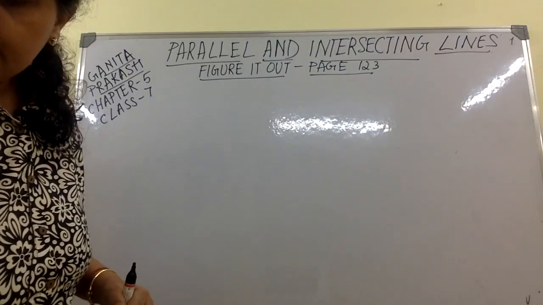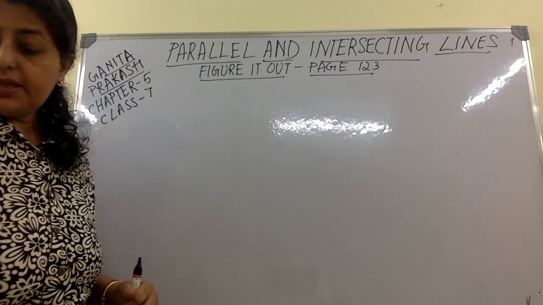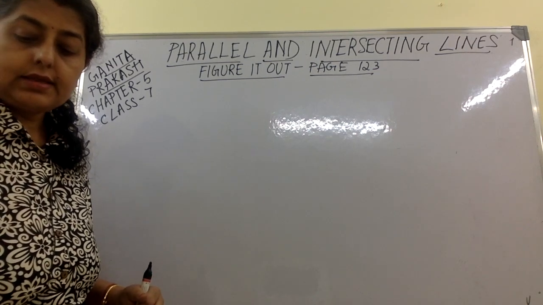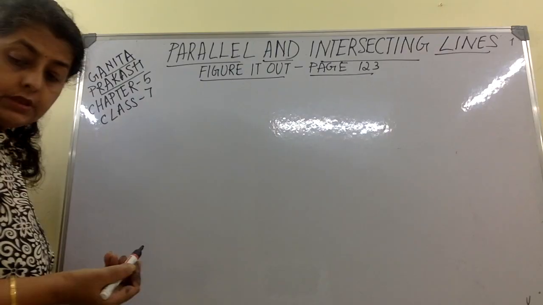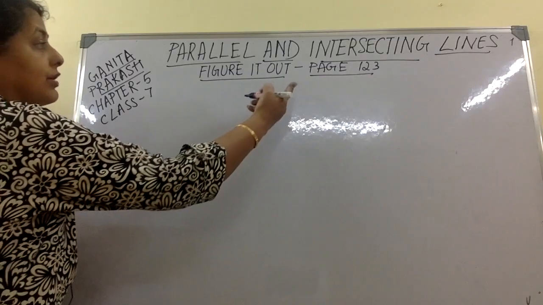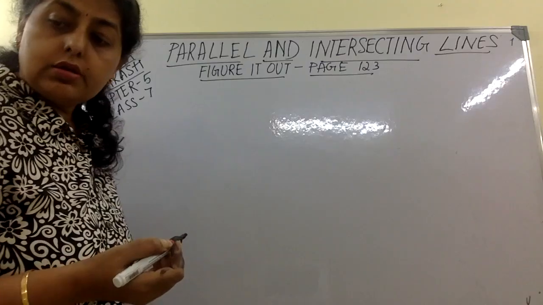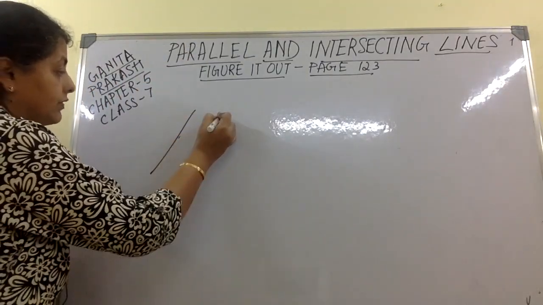Okay, so let's try out the first question of page number 123, Ganita Prakash, chapter 5, parallel and intersecting lines, and here it is going to be figure it out, page 123, as you can see. Now here is the very first question. They want the value of A. Here they have a set of parallel lines.